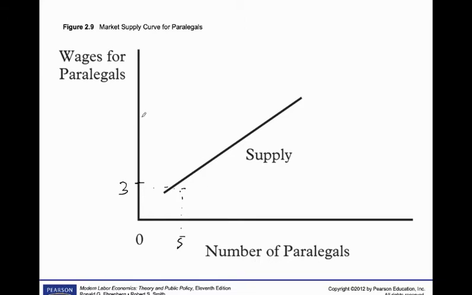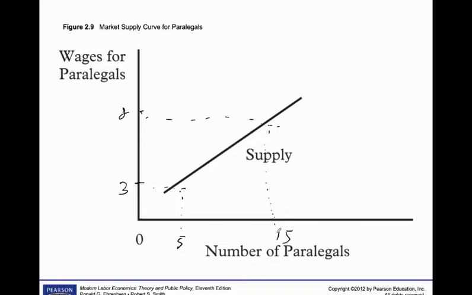However, when the wage rate goes up, let's say to $8 per hour, we find that many more people in the economy with the right skills are willing to offer their skills and knowledge as paralegals. And let's say now this can be 15 paralegals. So it shows the positive relationship between the wage rate and the number of labor.